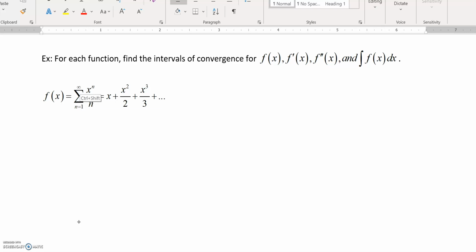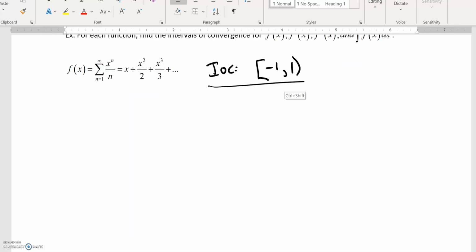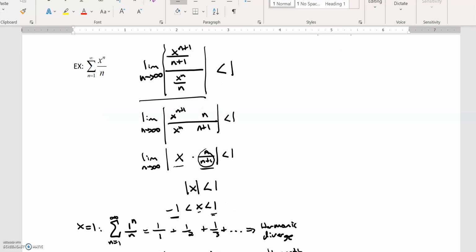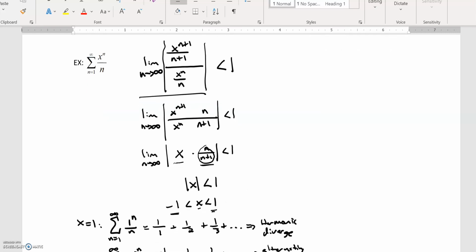You've got your formula there for a_n, so you can do the ratio test. I'll pause it and let you do that. Presto, there's the interval of convergence. Wait, where's all my work? Well, I'll be honest, as I started the problem I realized, wait a minute, I've done this before. We did this last class.